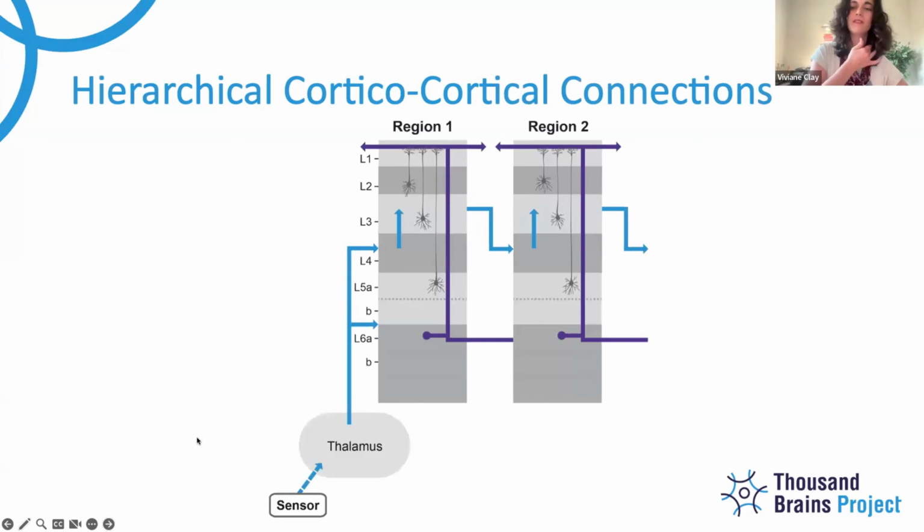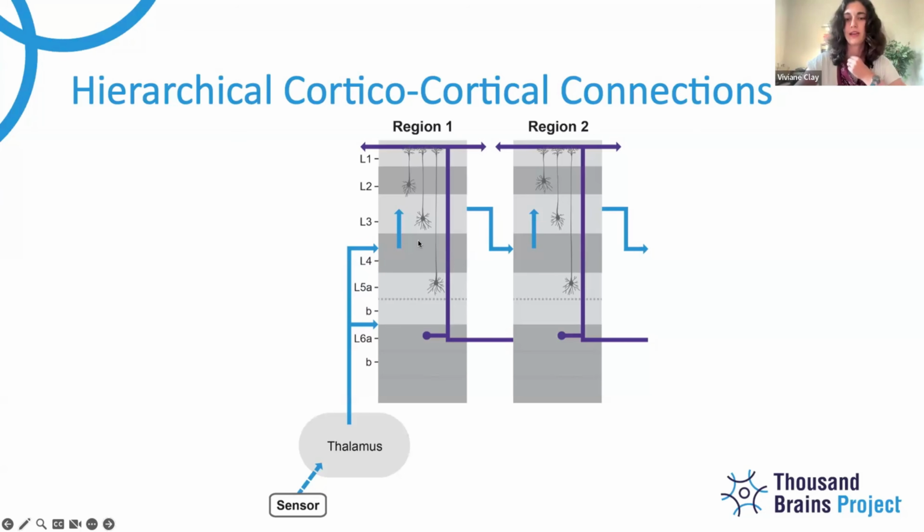So let's start with the most commonly thought of type of long-range connection in the neocortex, which are the hierarchical connections. The general idea is that information comes from the sensor and enters the thalamus. From the thalamus, it goes to a relay cell, which relays the information to the neocortex, and there enters in layer 4, which is seen as the classical input layer of the column, but there's also some information entering at the border of layer 5 and layer 6.